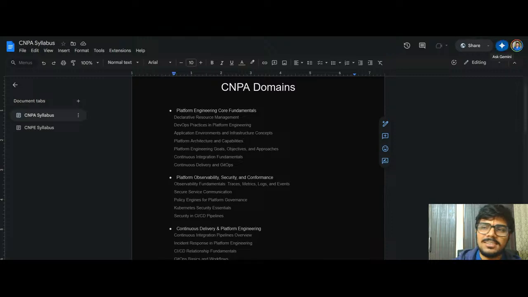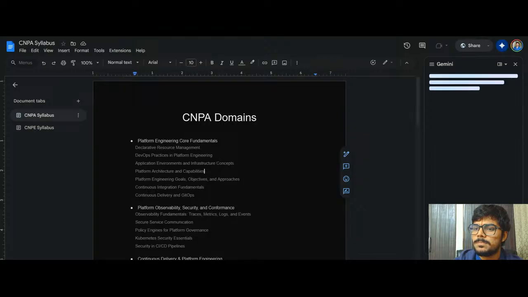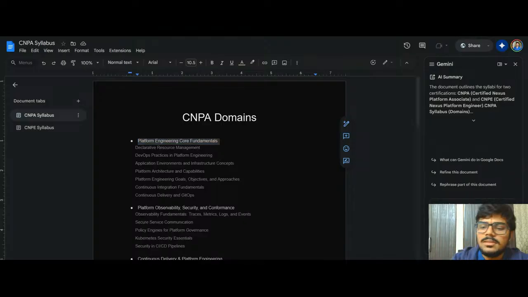We can even ask Gemini to find some nice docs for us. All right, so let's ask about these topics. Declarative resource management, DevOps practices in platform engineering. All right, so let's ask it.